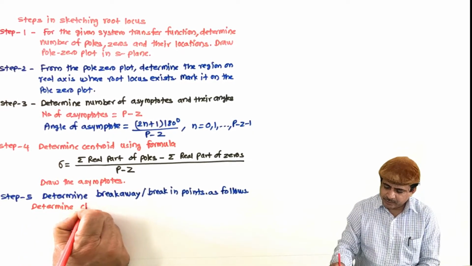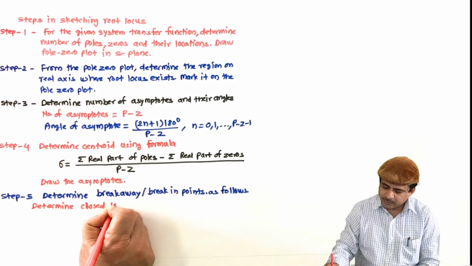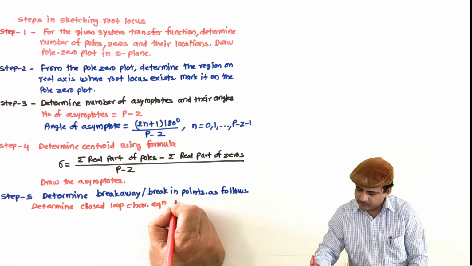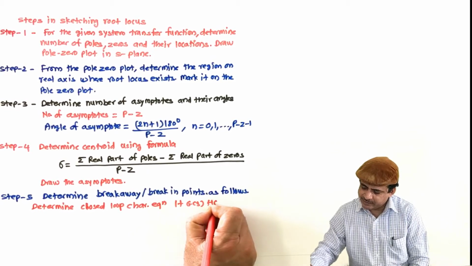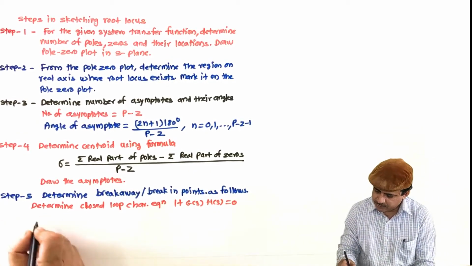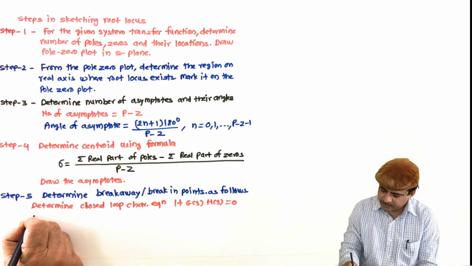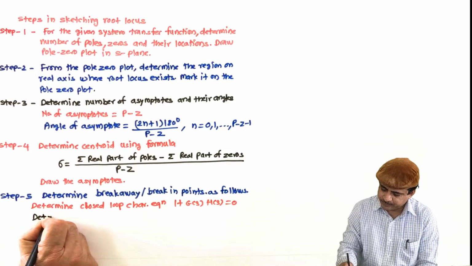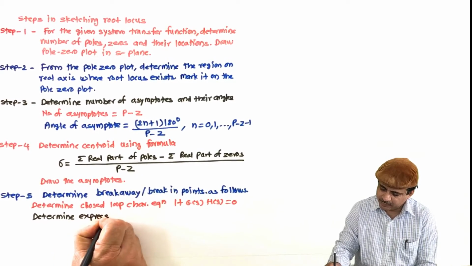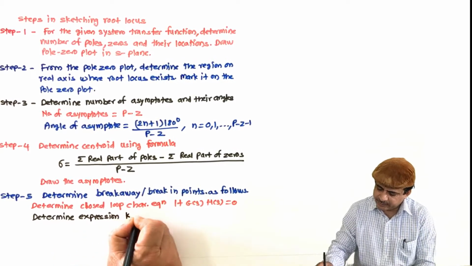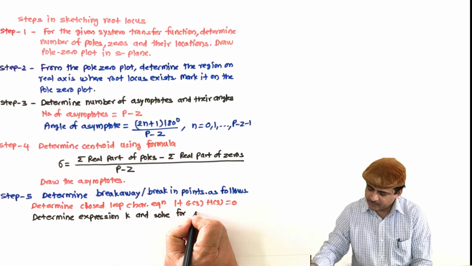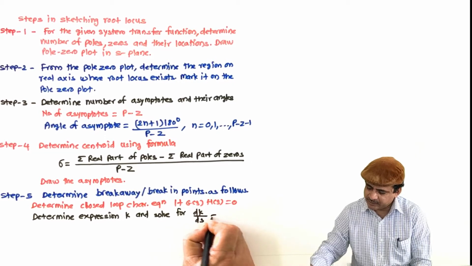Determine the closed loop characteristic equation 1 plus G(s)H(s) equal to 0, then determine the expression for k and solve for dk by ds equal to 0.